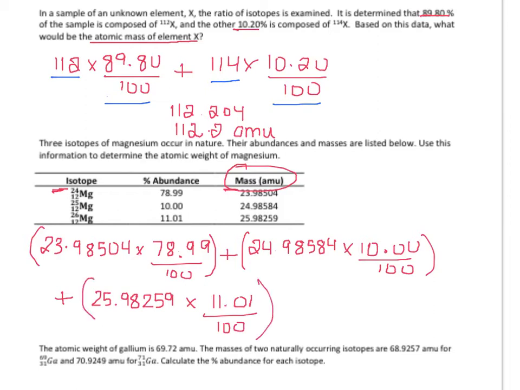Now you should be able to put this into your calculator, everything at once, and work it out. Some of you may want to do this part, find the answer, write it down, then do this part, find the answer, write it down, and do this part. That's just too many steps.